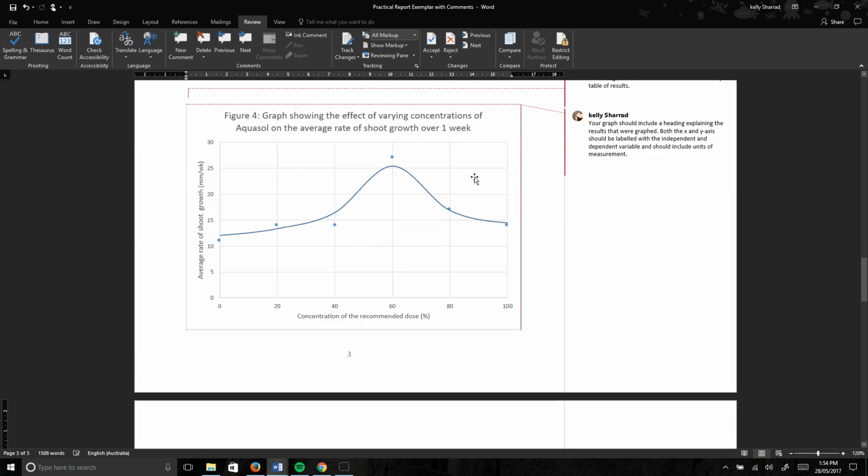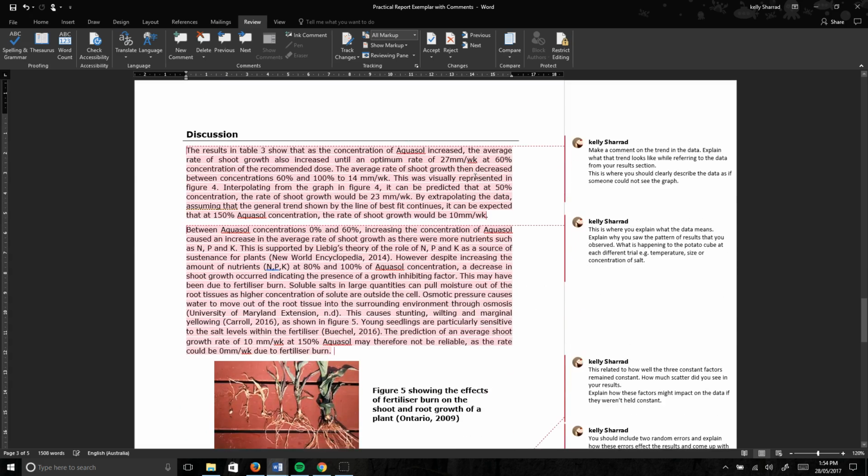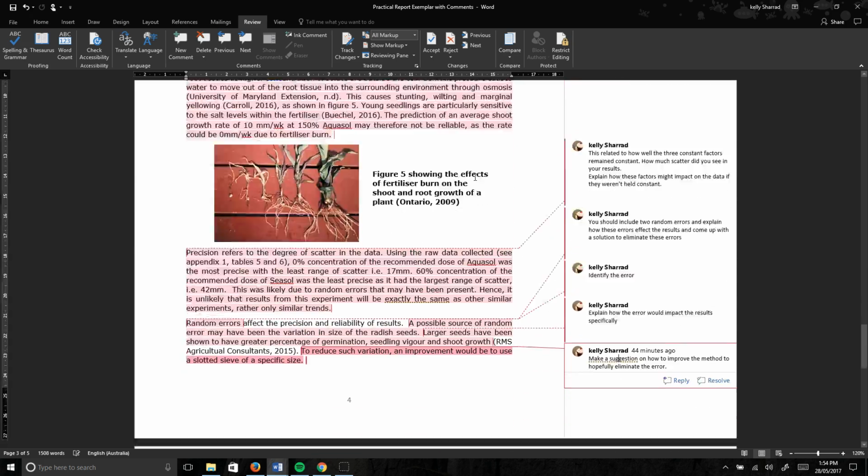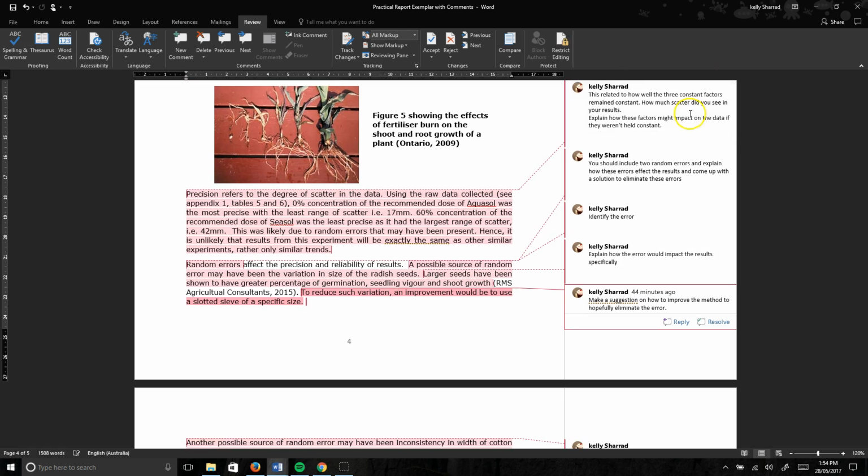Some of them would have had slight variations in the results or the mass recorded, and that means that you didn't actually hold the size of the cube as well as you thought you did. Okay, and you need to explain that. You also need to think about how that might impact on the data, so think about what that might have when you're trying to measure osmosis.